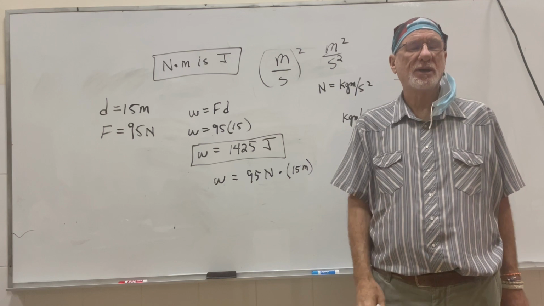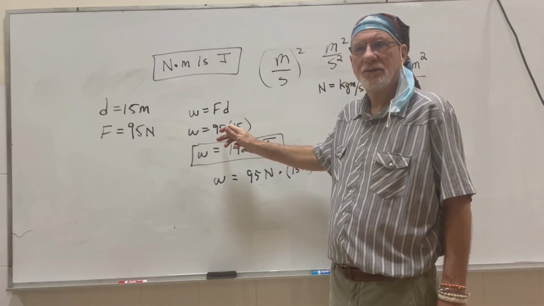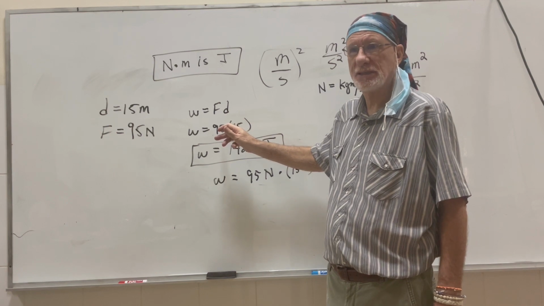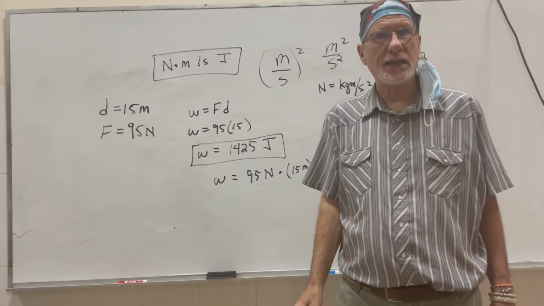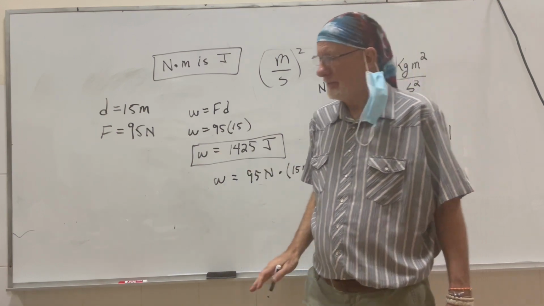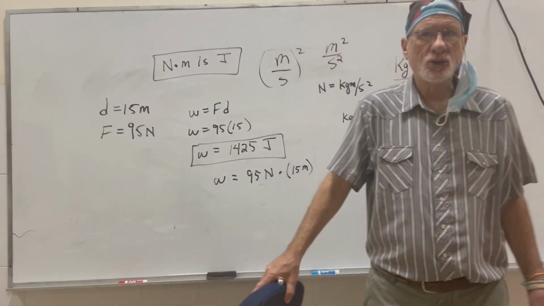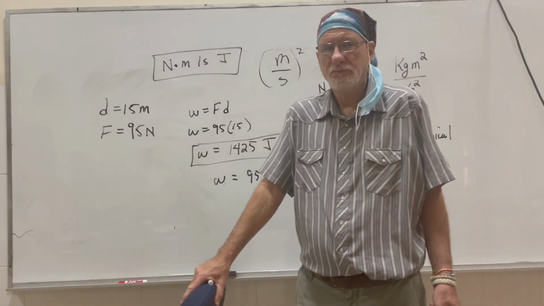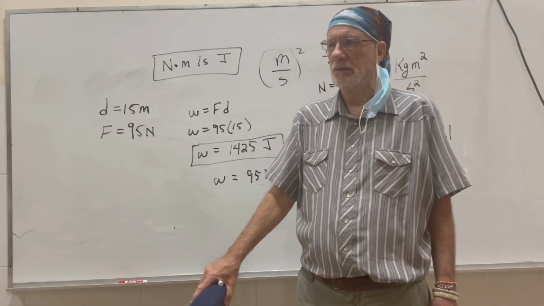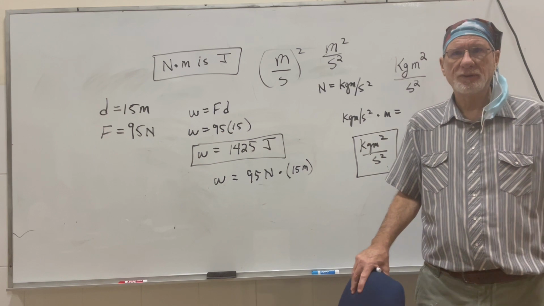There's less friction because the floor's waxed, so the force would be less. The friction is less, so the amount of work you're doing is less because it's just sliding. If I took this chair and took the wheels off it, it would be harder to move it, right? Of course, makes sense. So the work would be greater if I took the wheels off it.